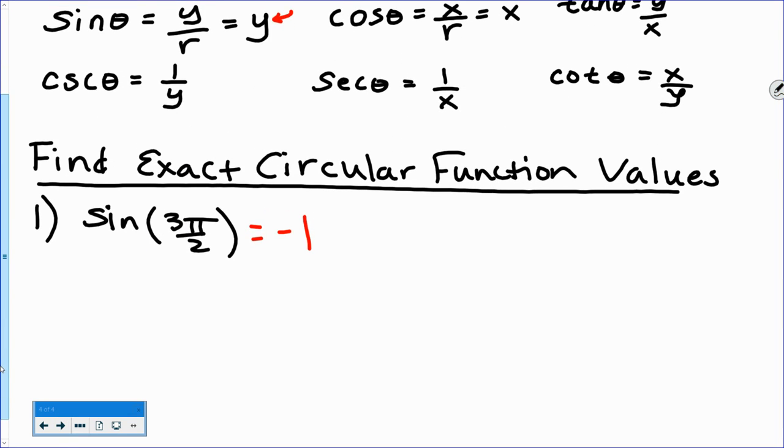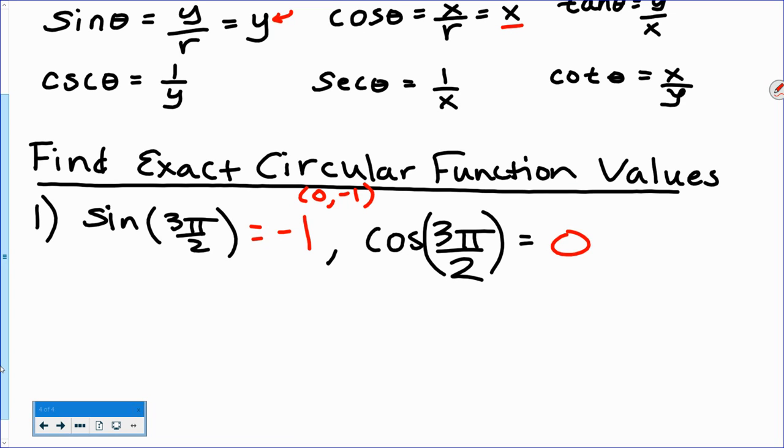All right, if I asked you for cosine of 3 pi over 2, cosine would use the x-coordinate, right? And this is the point 0, -1 we're looking at on our circle. So cosine of 3 pi over 2 would be 0. Sine and cosine are pretty easy because you're using either x or y. If you're asked for tangent, possibly a little bit more math involved depending on how difficult your point is.